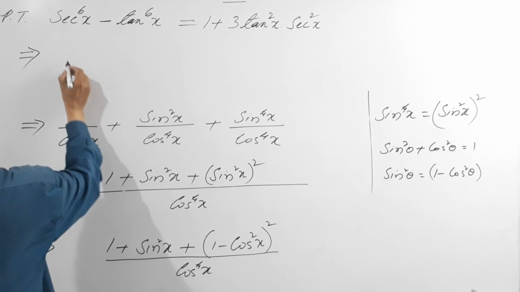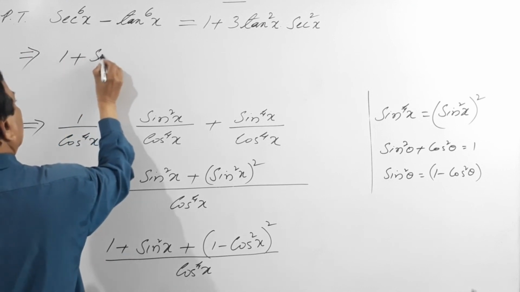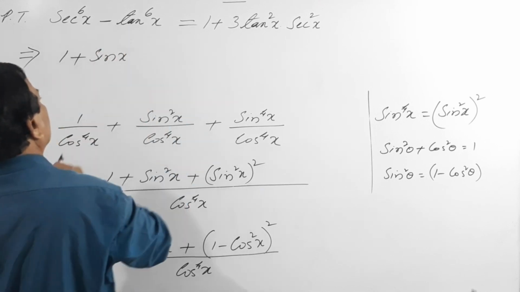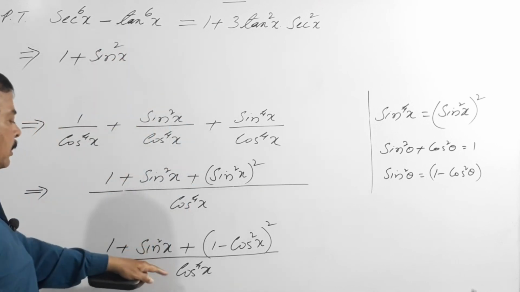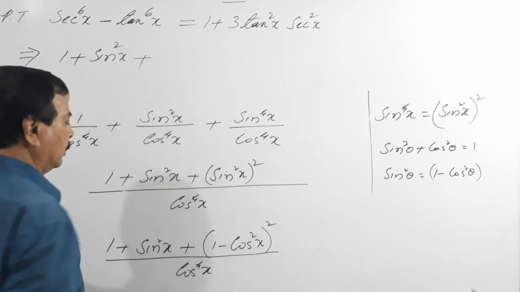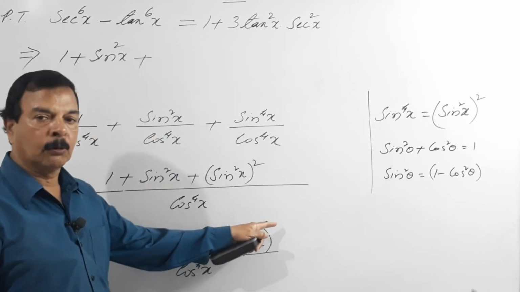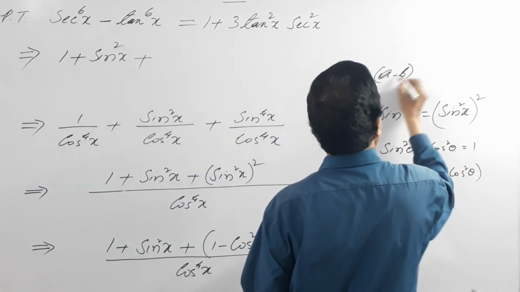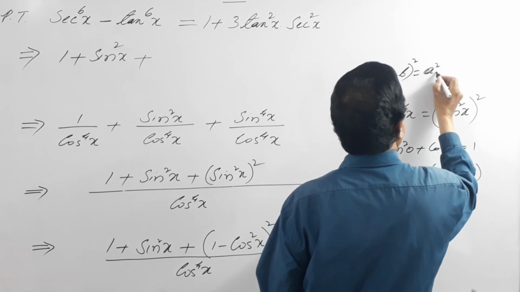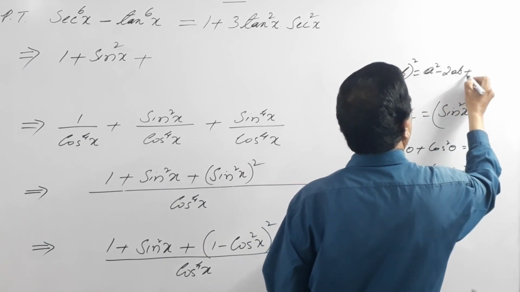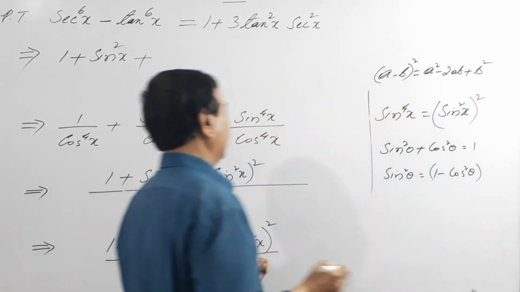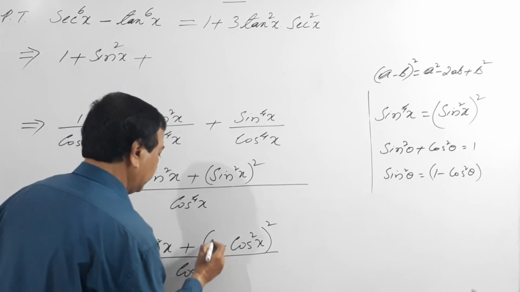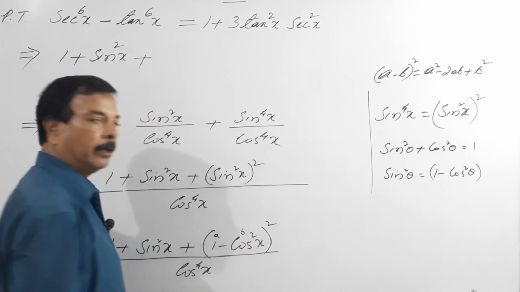That equals 1 plus 1 plus sine square x plus, this is a minus b the whole square. So we know that a minus b the whole square is a square minus 2ab plus b square. So ये क्या हो जाएगा? This is your a and this is your b, right?